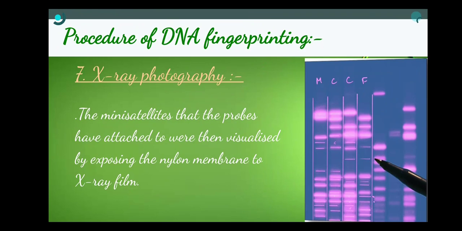Just because we added some radio labeled element into the segment, and due to their illumination property, many bands appear. As we can see in the diagram and picture, those bands show us what the segments are and what base pairs are present in the segments, because they are separated according to density. So a picture like this will appear.